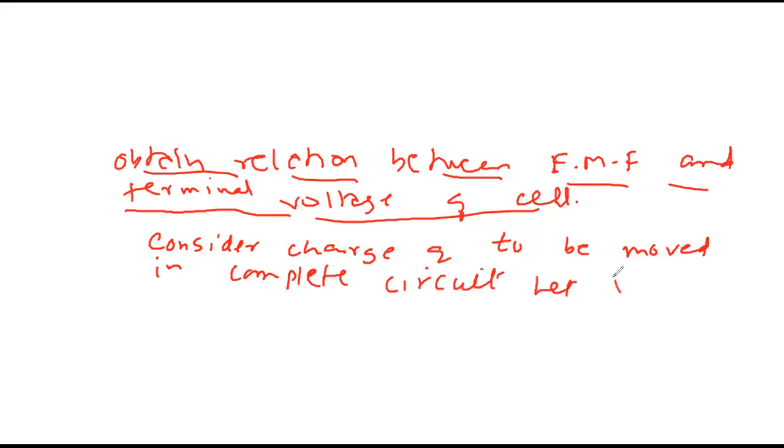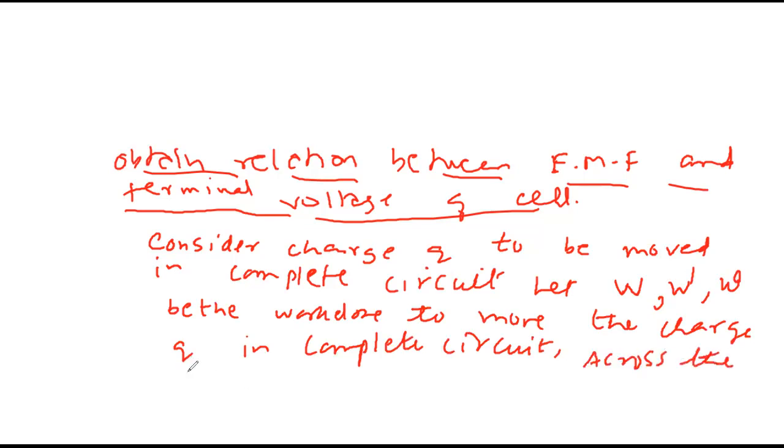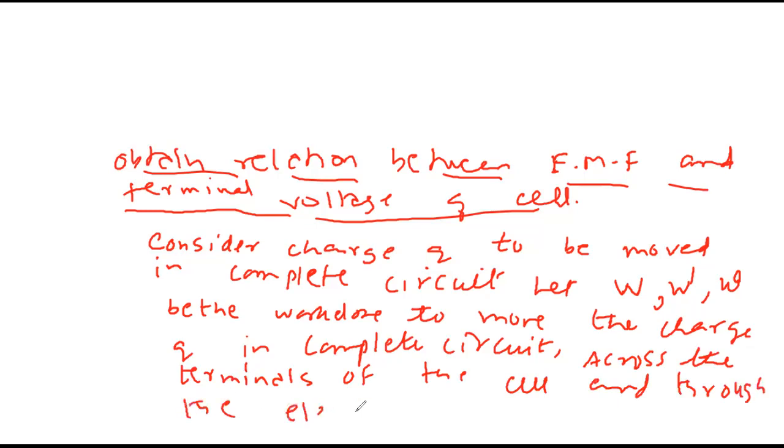Let W, W dash, and small w be the work done to move the charge Q in the complete circuit, across the terminal of the cell, and through the electrolyte respectively.